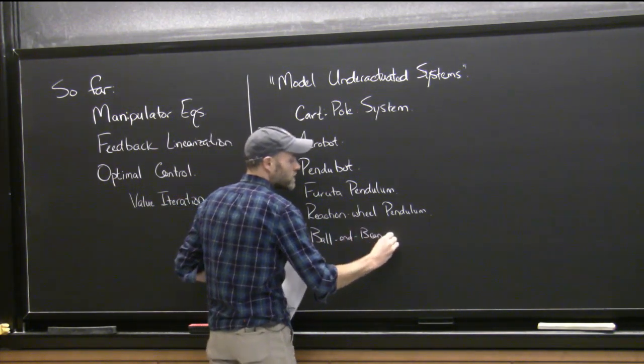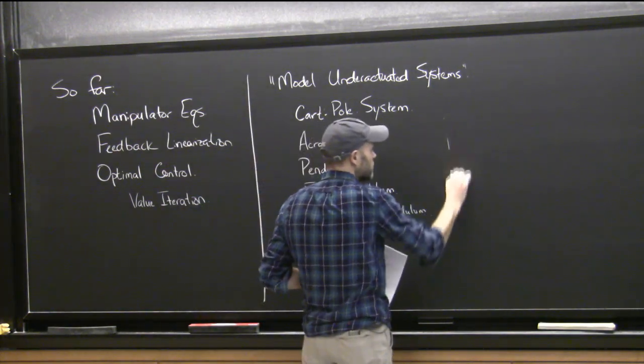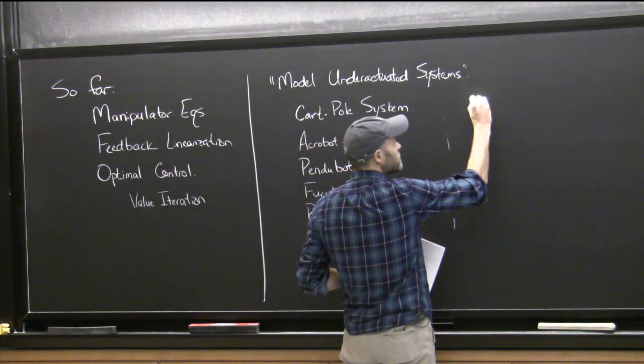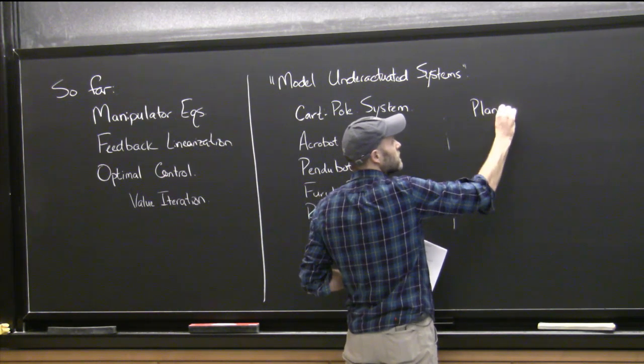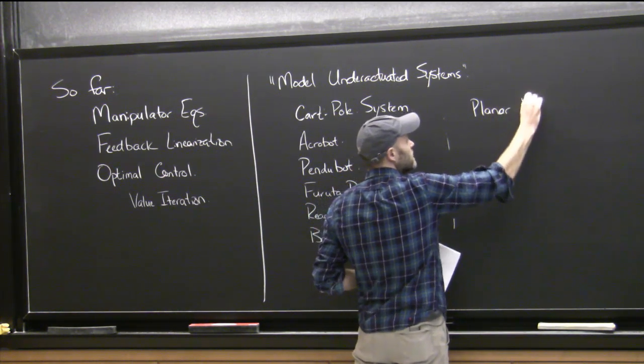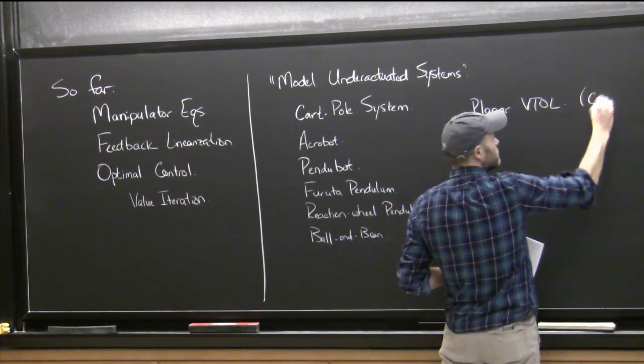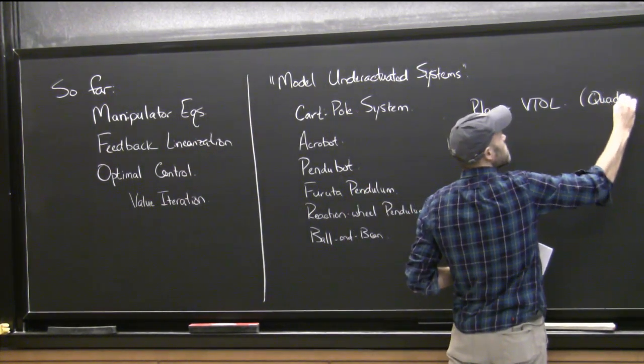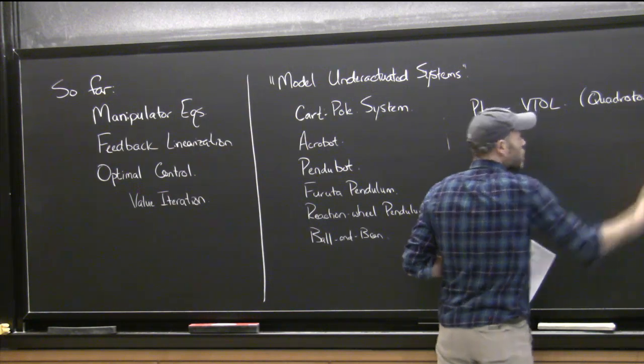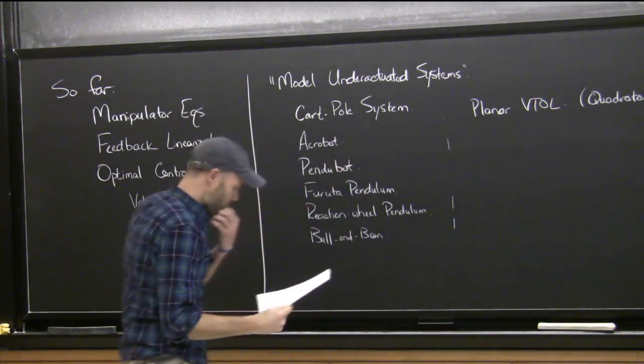And then there are a few that look more like vehicles. For instance, what used to be called the planar VTOL system. These days we'll think of it as a quadrotor, or a full quadrotor is a good example too.